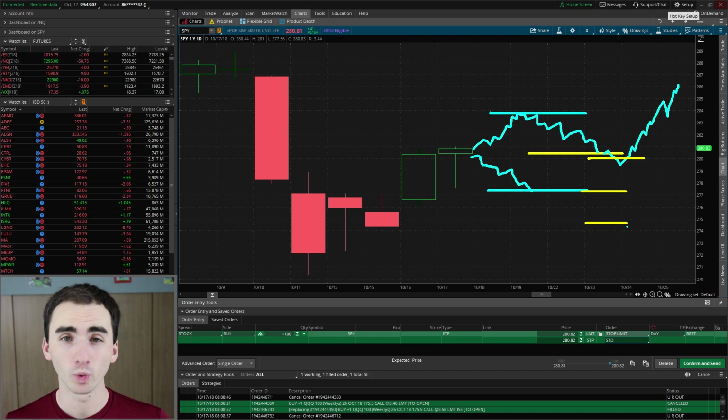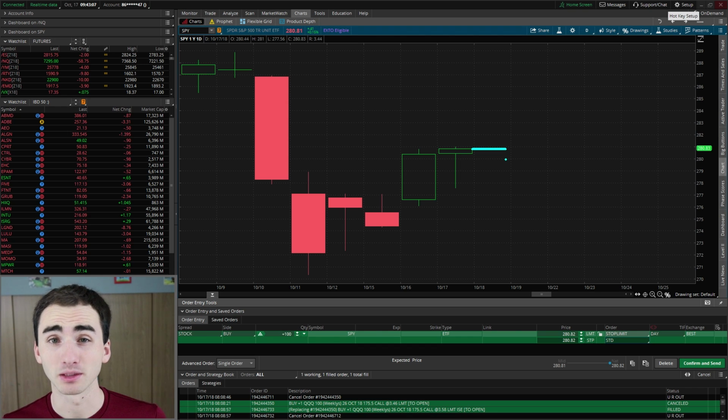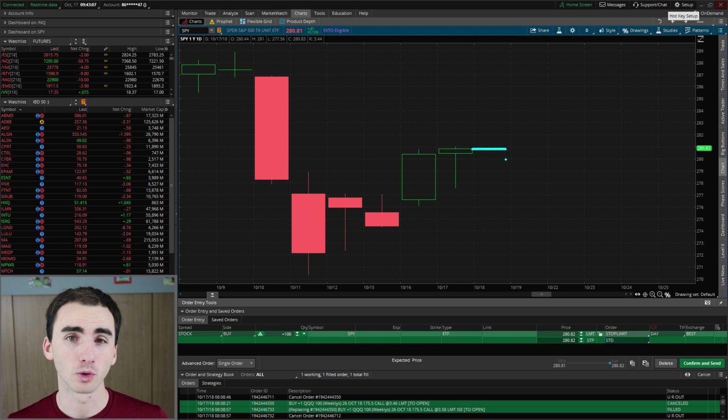Now, to give a quick recap of all the types we just went over, a market order gets you in right at the exact price of the market, but again, you can get some slippage. A limit order allows you to buy at whatever price you designate. So you can buy it at the current market if you want to get in right now, but it doesn't have that slippage issue, but you might have some fill issues if the market is moving quickly.